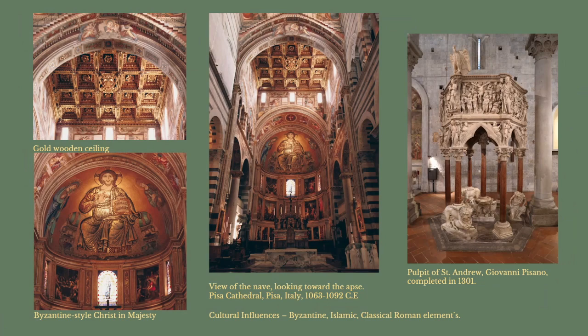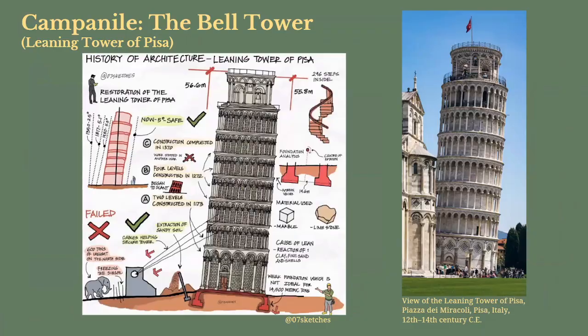And here is the Bell Tower, or the famous Leaning Tower of Pisa, which is one of the most recognized structures in the world. It follows the Romanesque tradition with rounded arches, but also incorporates Gothic elements in the upper levels. During construction, it began to lean because it was built on the ancient bank of the Arno River.